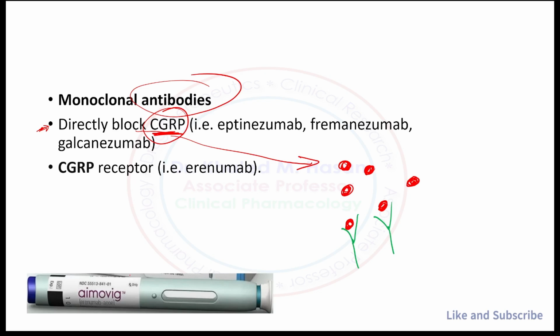This is eptinezumab, for example, binding to the CGRP. So eptinezumab binds and blocks the CGRP. What about erenumab? Erenumab blocks the receptor. So erenumab, a monoclonal antibody, blocks the CGRP receptor.